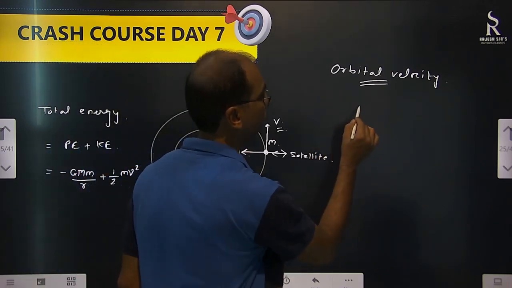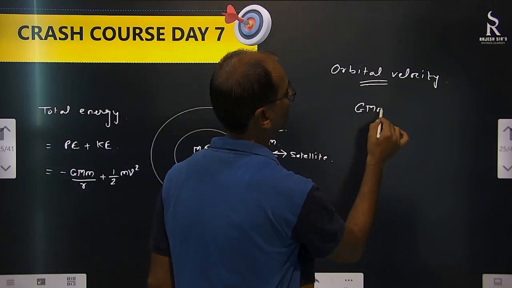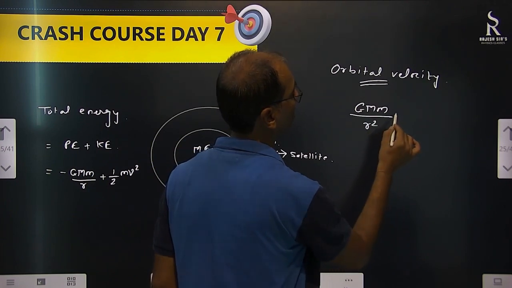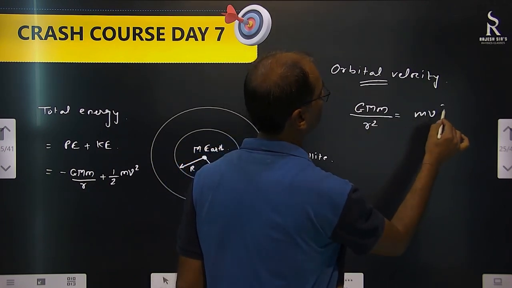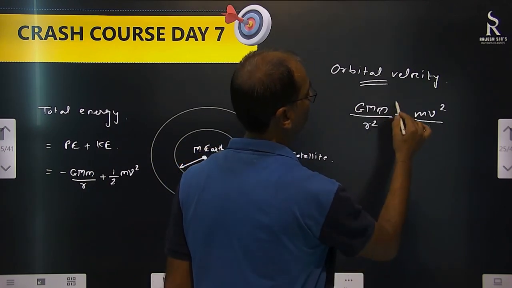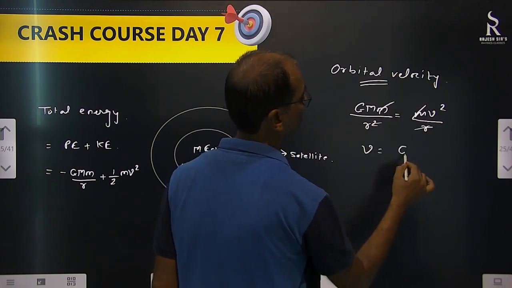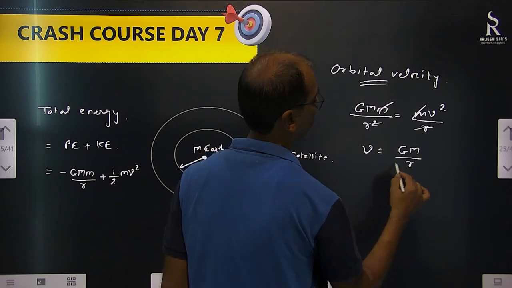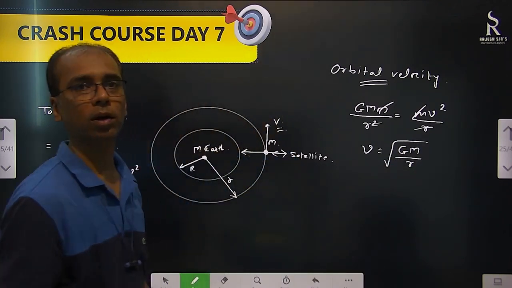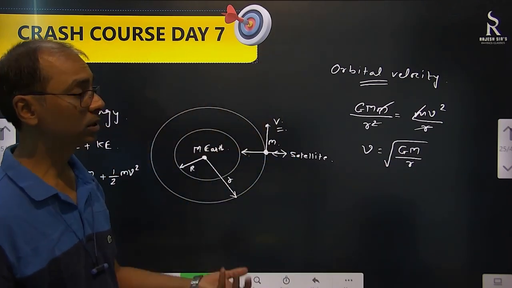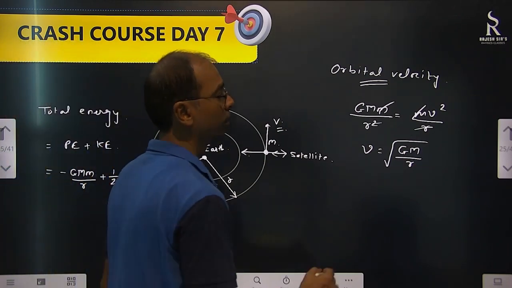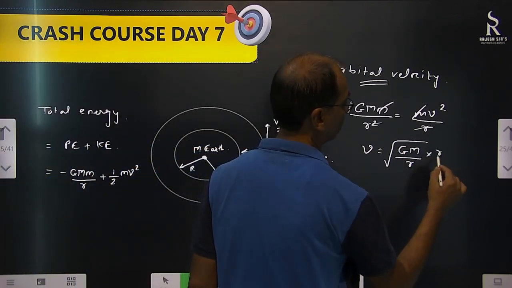So we can write this as GMm by r square is equal to m v square by r. M and m get cancelled, r and r get cancelled. So what is v? v is root GM by r. This is orbital velocity. If you want to convert this into small g terms, we can do that. Multiply with r, divide with r.